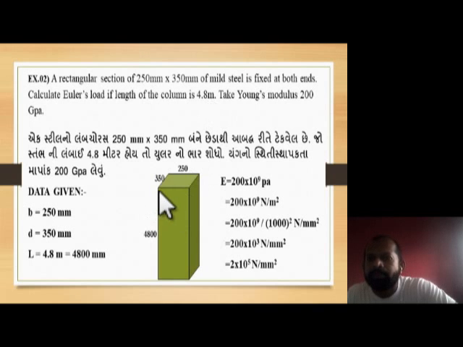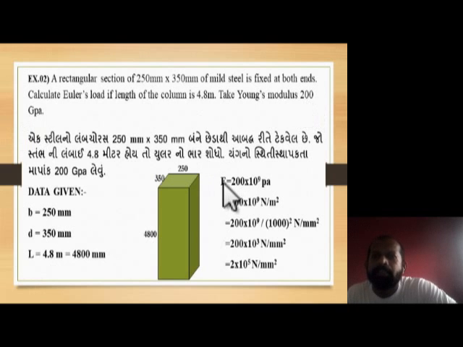So the length of the column from base to the top is 4800 millimeter, specified by capital L or small l. Young's modulus, capital E, is equal to 200 gigapascal.